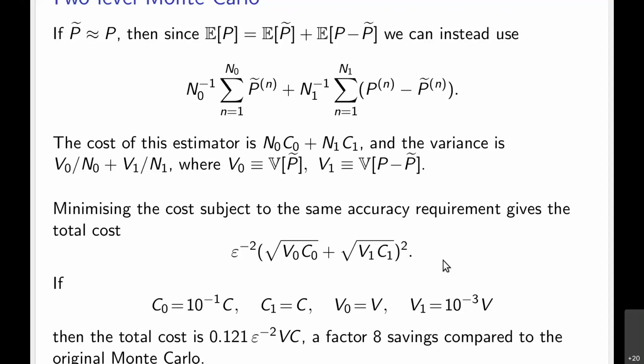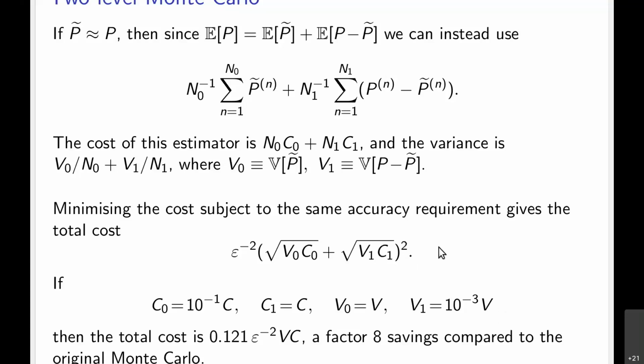So if P tilde is just 10% of the cost, the V0 is the same as the original variance, but the variance of the difference, V1, that's 0.1% of the original variance. Okay, so that gives you a sense of the degree to which P tilde is quite a reasonable approximation of P, but it's far from being perfect. Then if you plug that into the total cost expression, we end up with a factor 8, roughly, savings compared to the original Monte Carlo.